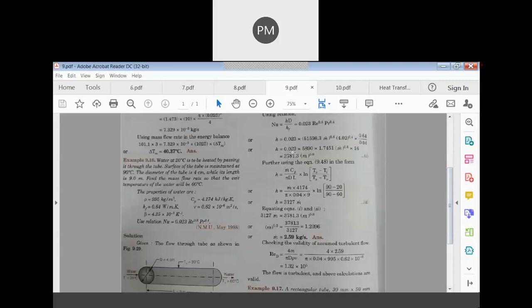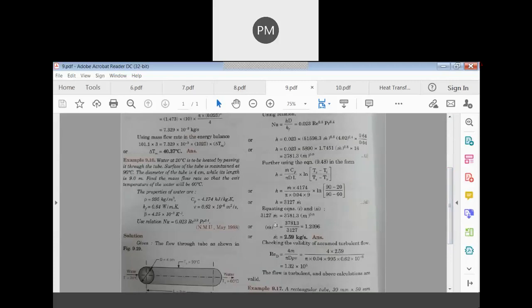So you can compare both. Left hand sides are equal, so you can equate right hand sides. 3781.3 m to the power 0.8 is equal to 3127 m to the power 1. Correct?